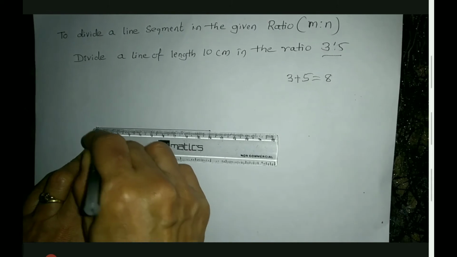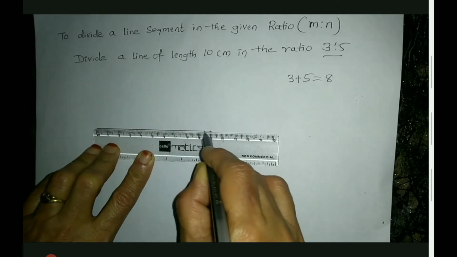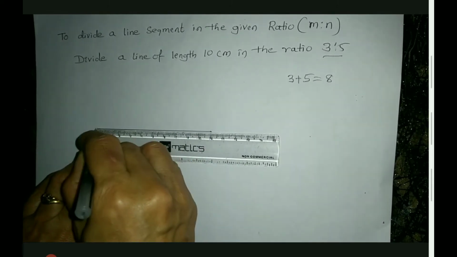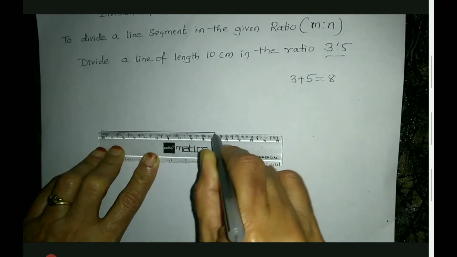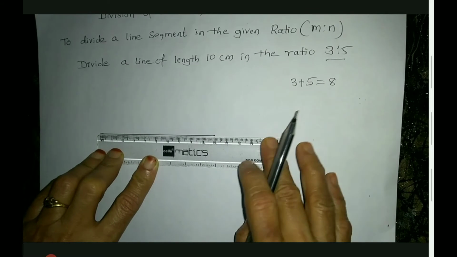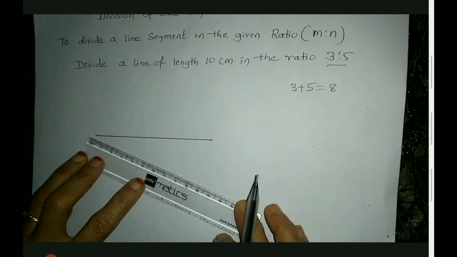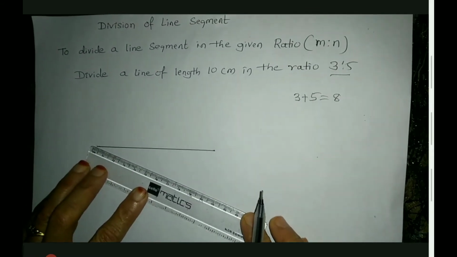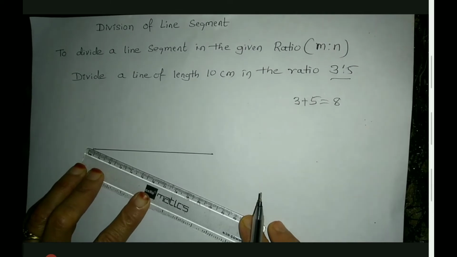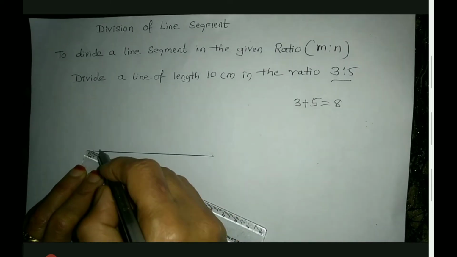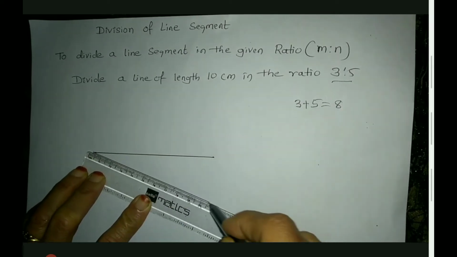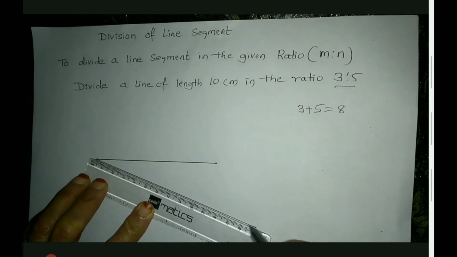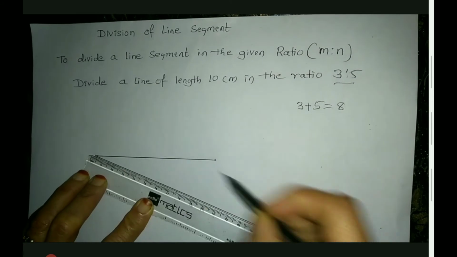So you got the line here. With the initial point of the given line, you draw one more line, an acute angle with the given line. See the angle here. The angle between the two lines here is an acute angle.